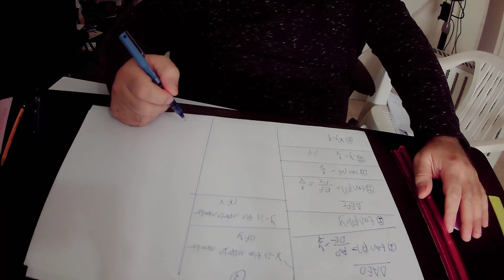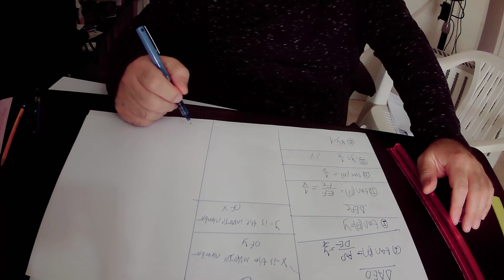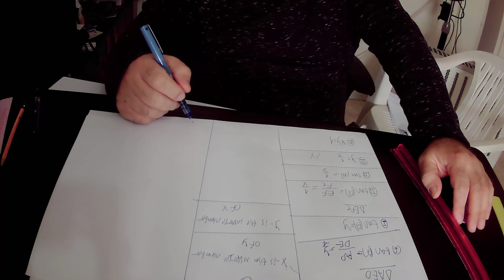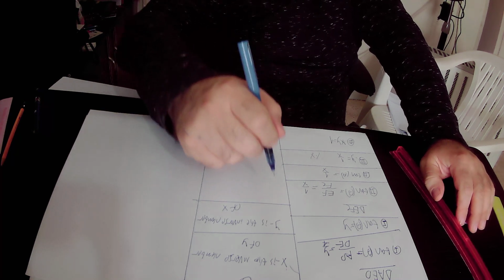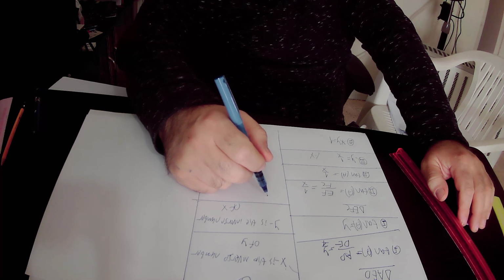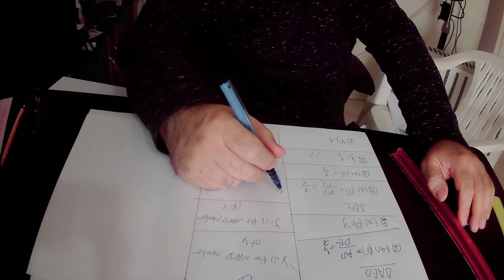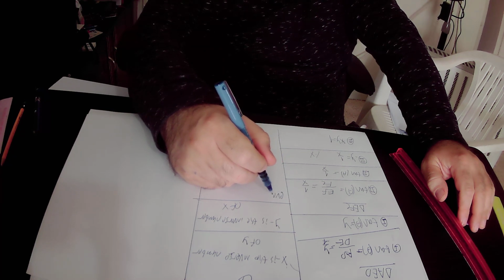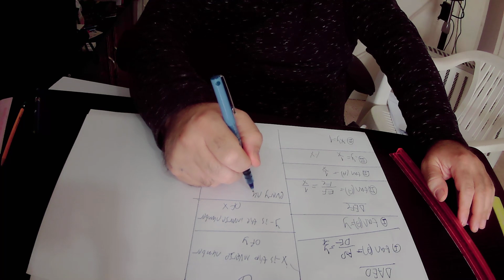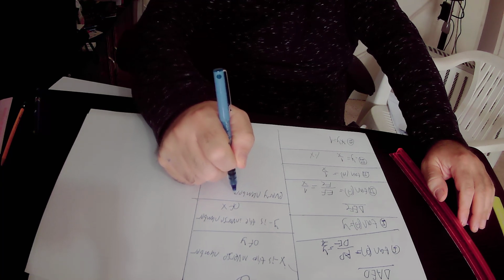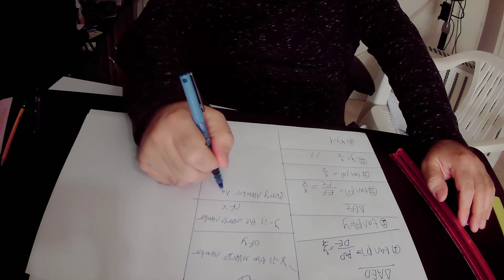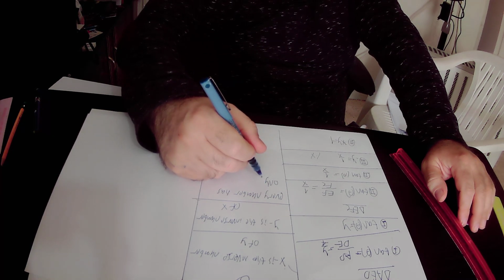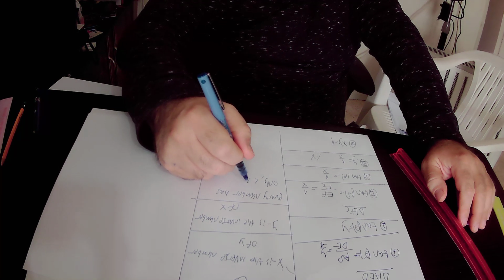And it is also very important to emphasize that every number has only one inverse number. Okay? I will write it down. The rule: every number has only one inverse number.